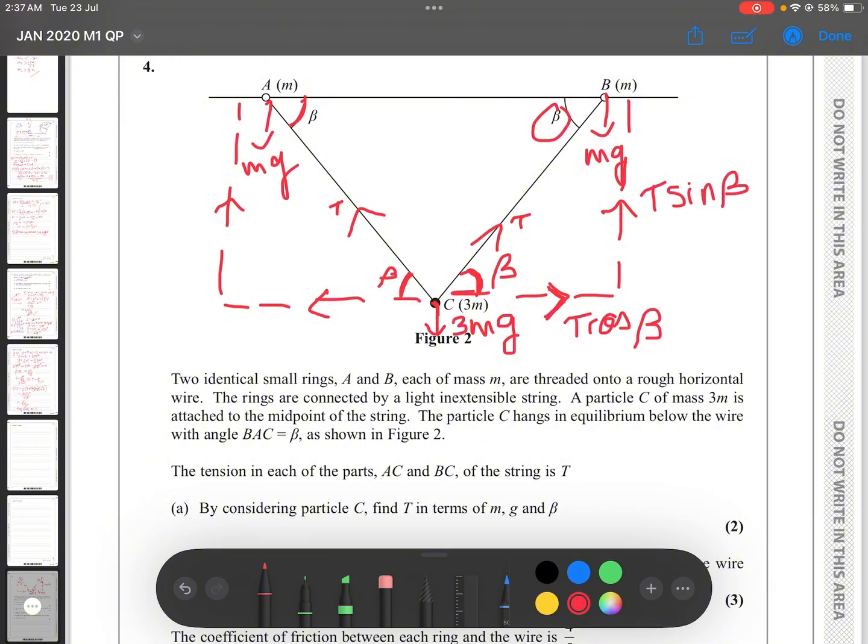Same goes for here, as this angle is attached with the one below. This is going to be T cos beta, and the one acting upwards without the angle being attached is T sine beta. So we have all our forces marked up. Now we can proceed with the question.